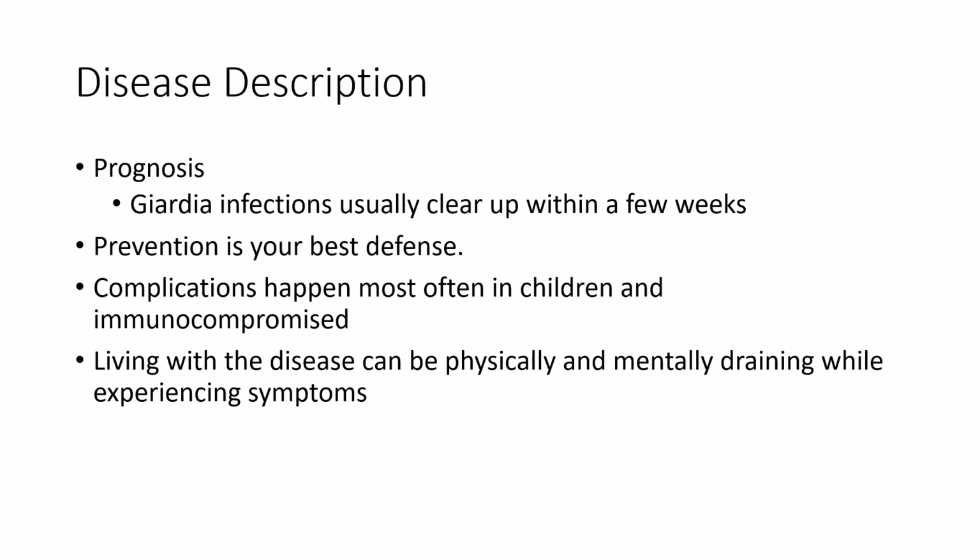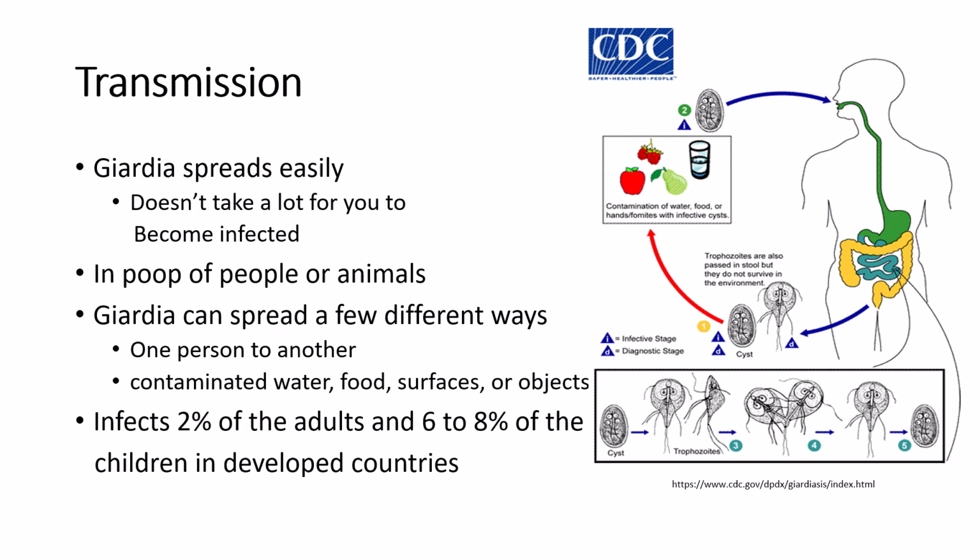Transmission. Giardia spreads easily. It only takes ingestion of a few cysts to become sick or get infected. And then it is found in the poop of people or animals who are infected. So anything that gets contaminated by human or animal poop can potentially spread the germs.